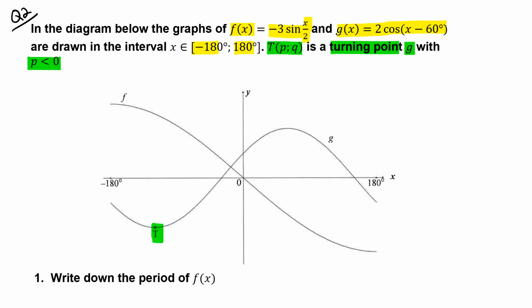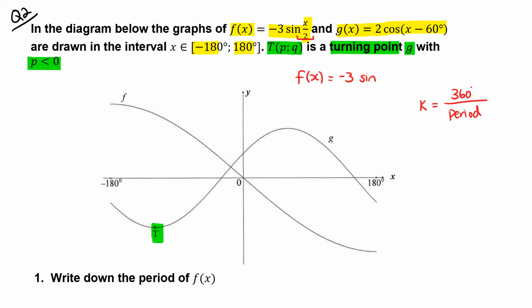The first question asks us to write down the period of f of x. Whenever you see a question that involves period, you know that the formula we're given is that k is equal to 360 degrees, when we've got sine or cos, divided by the period of the function. What we're given in this case for f of x is -3 sine, and then x over 2.